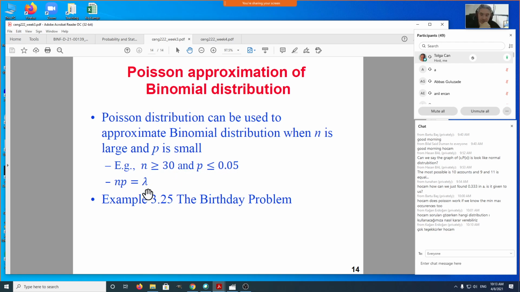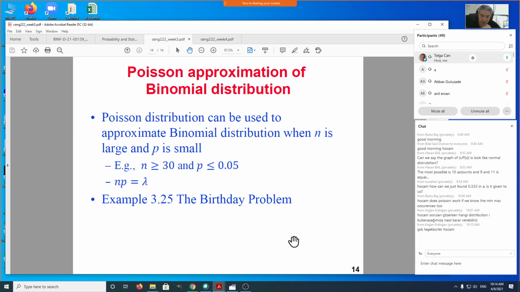If n times p is something reasonable as this lambda, if n is large and p is small, usually these are, you may use this 30 and this success probability of 0.05 as thresholds, but if it's 0.07, can I still use it? Yes, you may still use it. If it's 29, you may still use it, or 25, you may still use it as an approximation, because it will not give the exact probability, but it will approximate the probability you're looking for very closely as this number gets large and this one gets smaller.